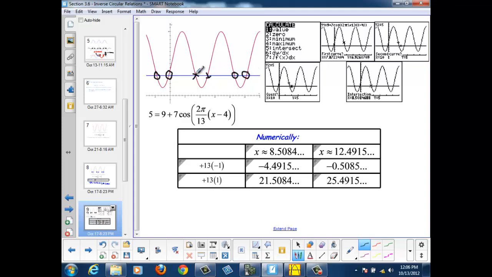So taking my very first solution here at 8.5084 and jumping one period forward gives me the 21.5084, and jumping one period back gives me the negative 4.4915. If I take my second initial solution here at 12.4915, jump one period forward, I get 25.4915, and one period back gives me negative 0.5085. And that's how we solve our sinusoid numerically.